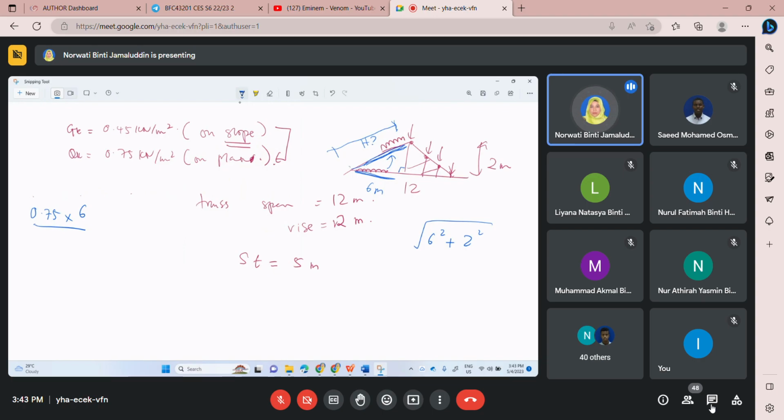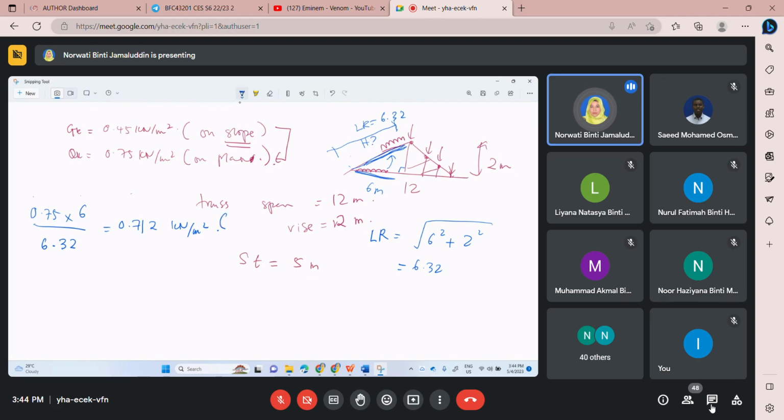Or we call it the length of rafter. This one berapa? 6.32. Okay, 6.32. So 0.75 times 6 divided by 6.32 gives 0.712 kilonewton per meter square.